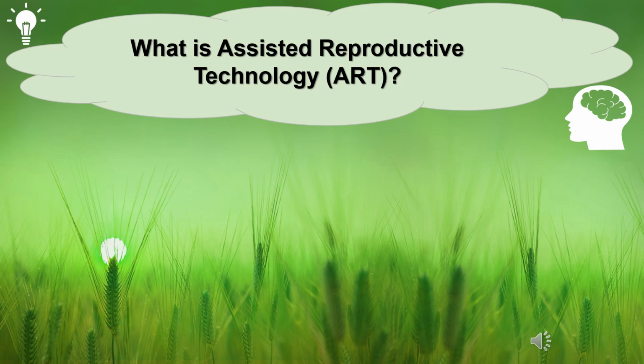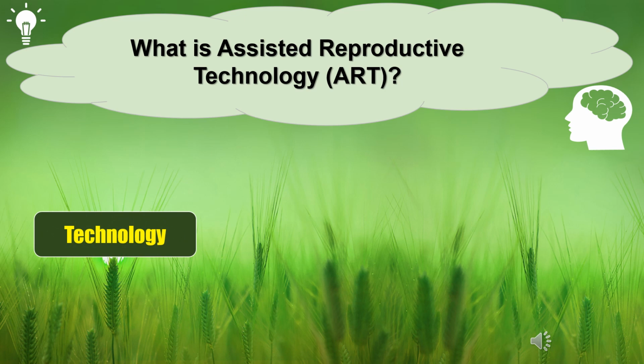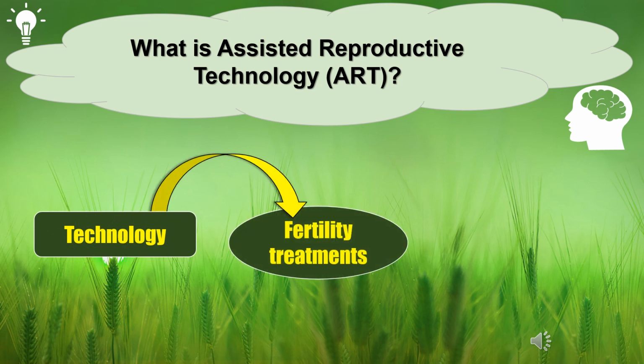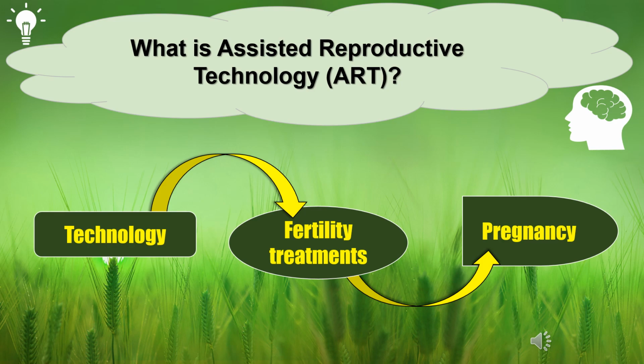What is assisted reproductive technology? It is actually the reproductive technology used mainly to treat fertility in order to achieve pregnancy.